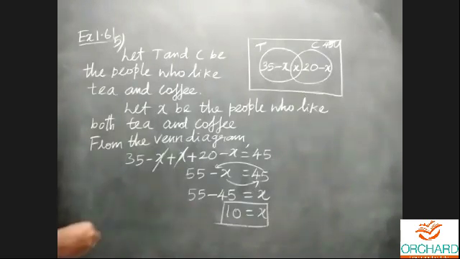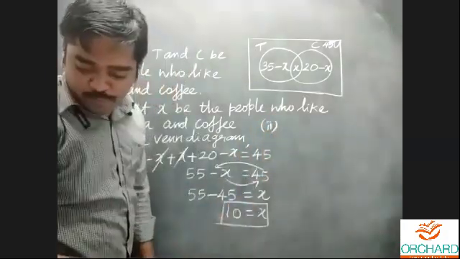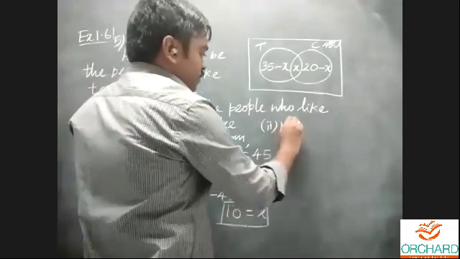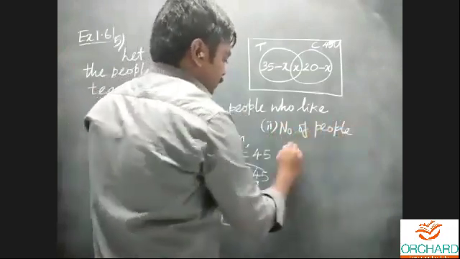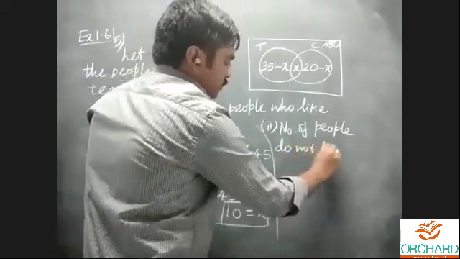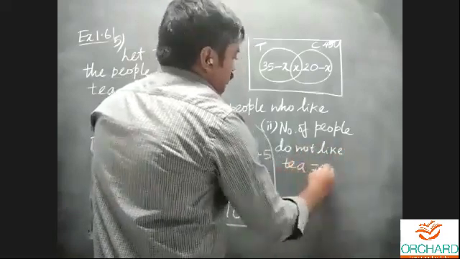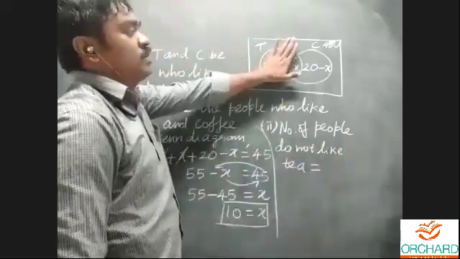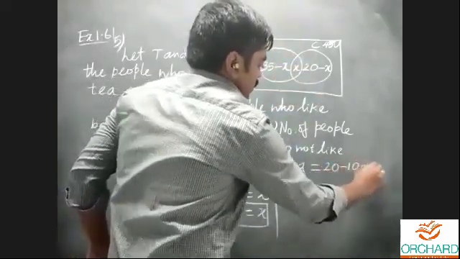For the second subdivision, I'll write it here. Number of people who do not like tea, which is equal to, do not like tea means this amount: 20 minus X, 20 minus 10, which is equal to 10.